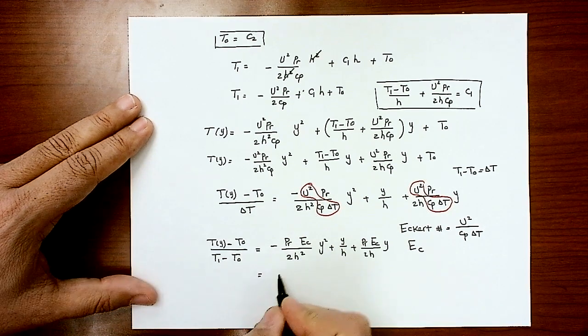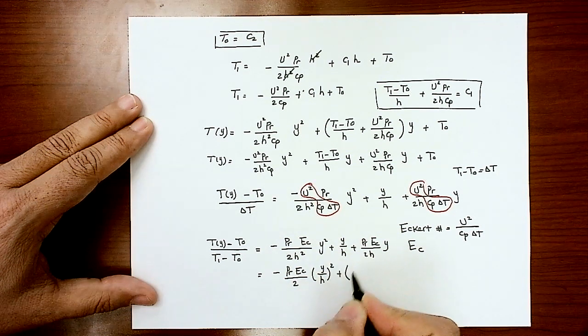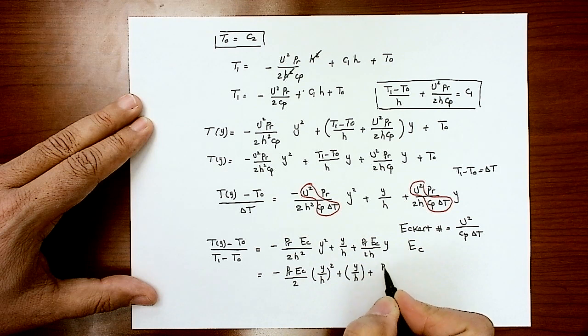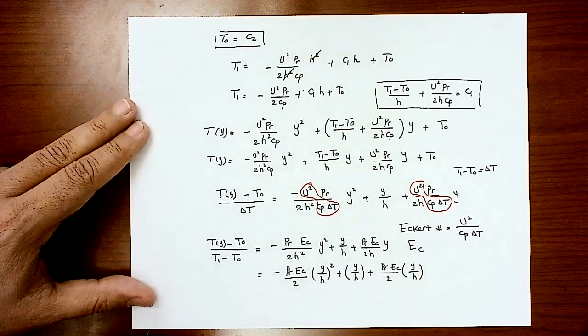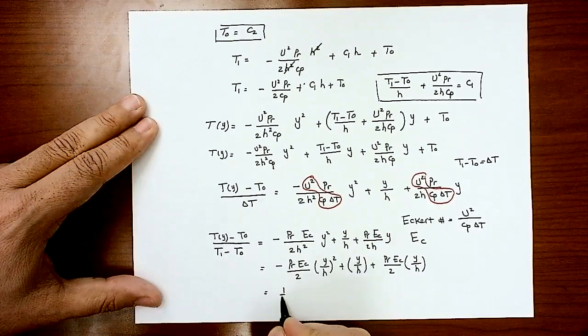So I can rewrite this as minus Prandtl Eckert over 2 times y over h squared plus y over h, plus Prandtl Eckert number divided by 2 times y over h. If I take half Prandtl number, Eckert number as a constant, what am I going to get?